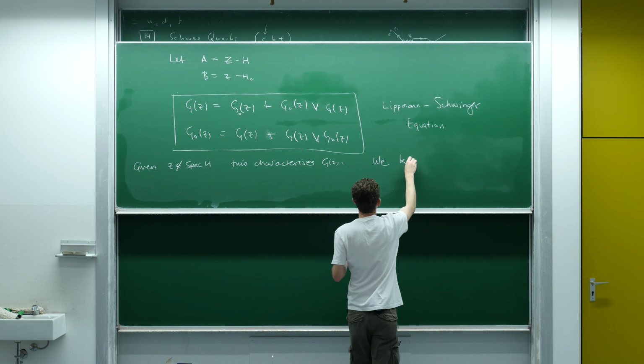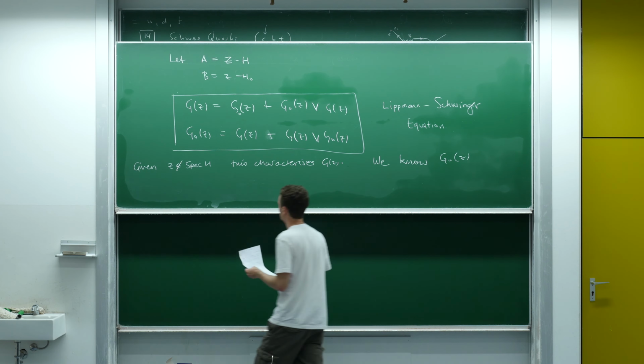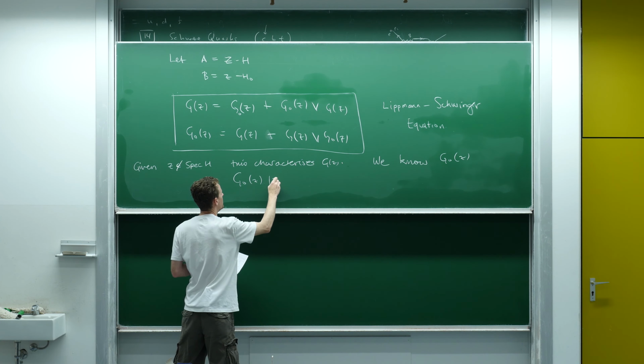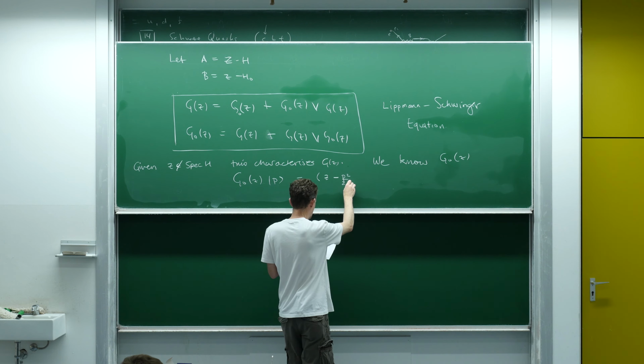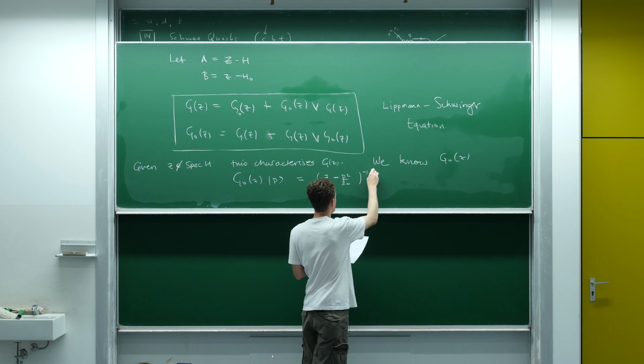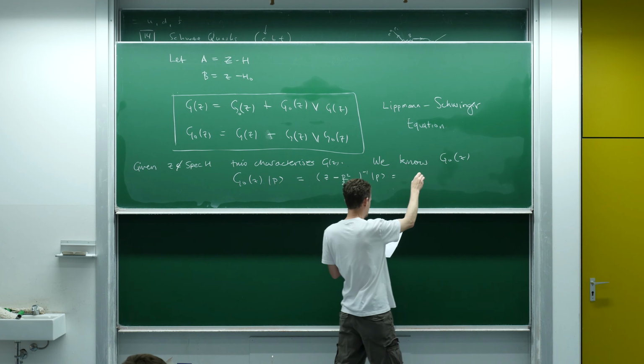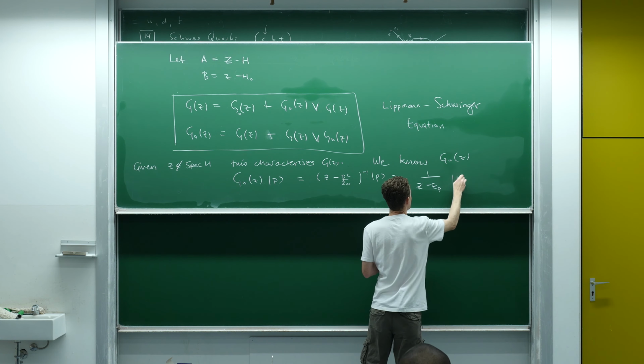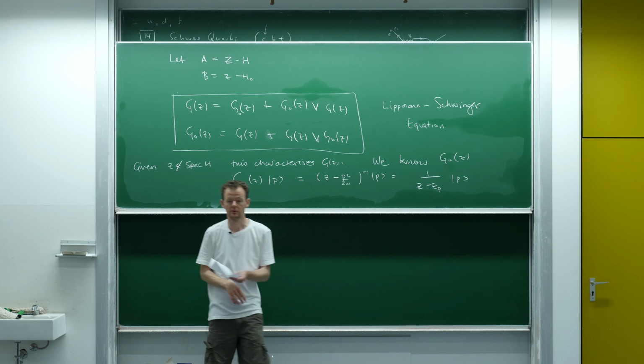So as I've said a couple of times now, we know G naught of Z. That's pretty easy. If you take some improper momentum eigenstate, apply G naught to it, then we know what the answer is straight away. It's Z minus p squared on 2m, inverse, of p, and I'll write that as 1 over Z minus E_p.